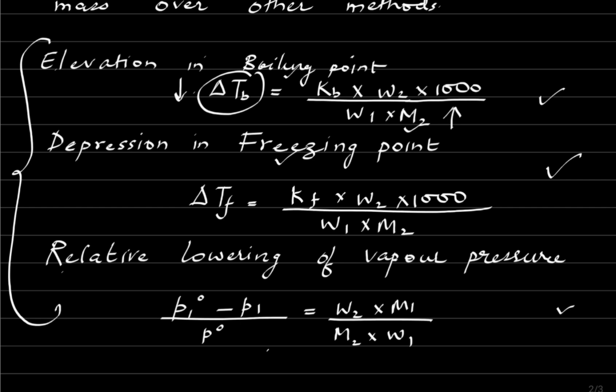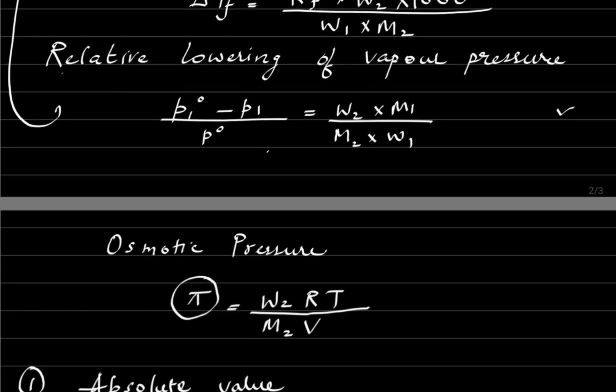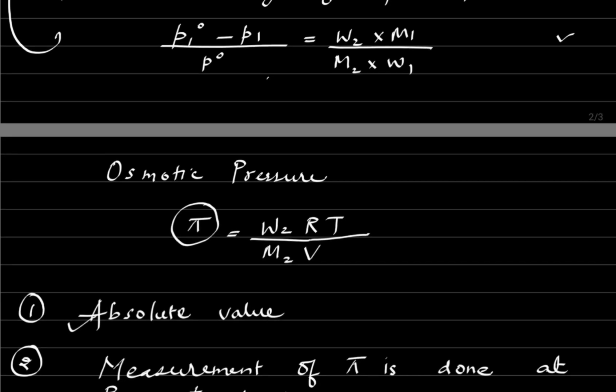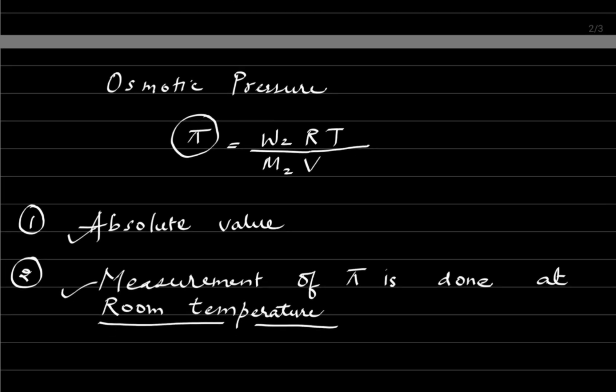So with those solutes, it's best that we use osmotic pressure method to find out the molecular mass of the solute. So here you go. These two advantages make osmotic pressure a preferred method to find out molecular mass of solute.